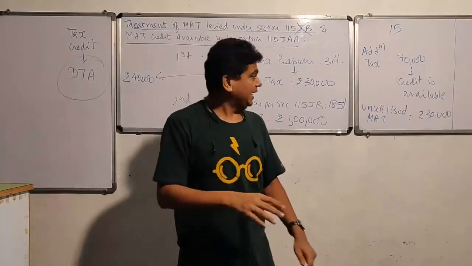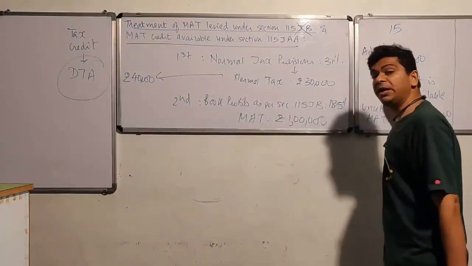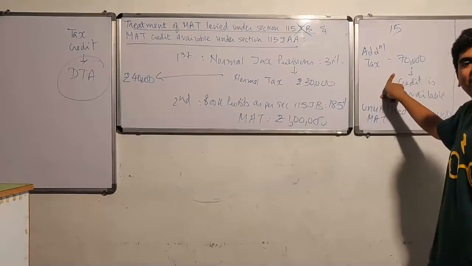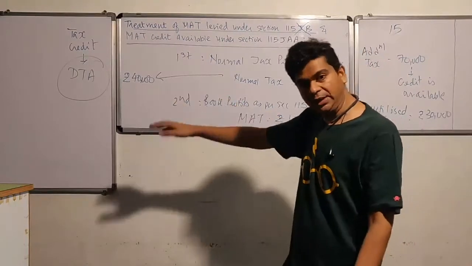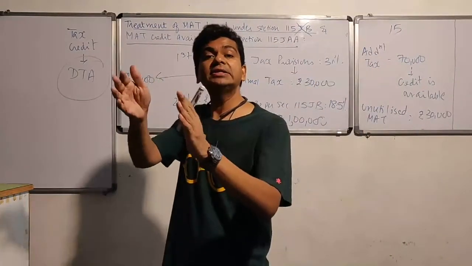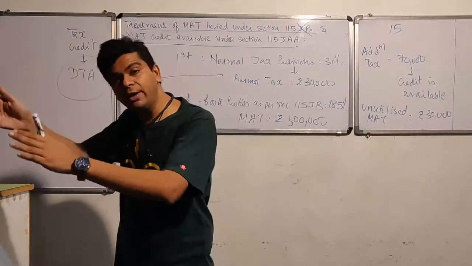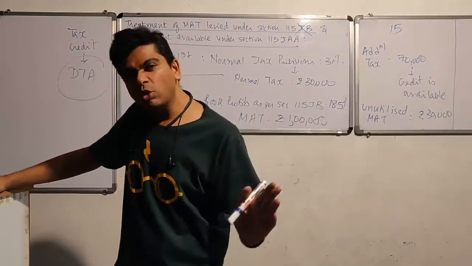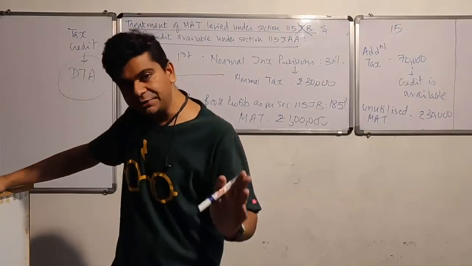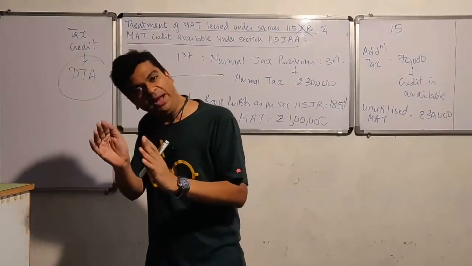So the MAT credit which is available should be treated like a deferred tax asset. The moment you say that it is nothing but a DTA, the three-step criteria of Ind AS 12 become applicable. I'm not going into the details of the three-step guide. You know it very well.